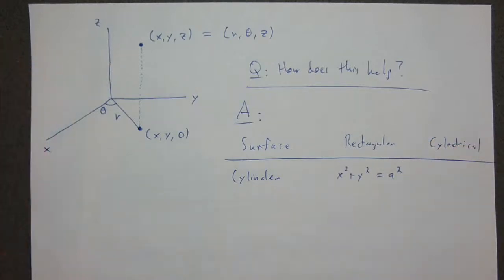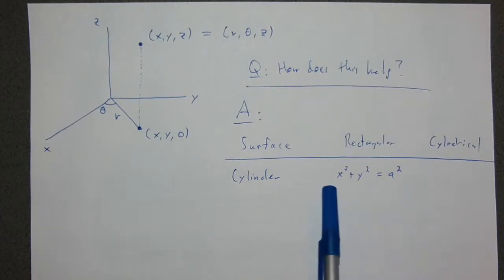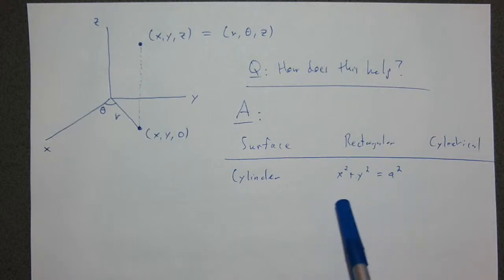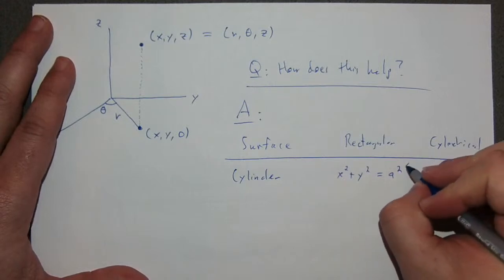Now, before I go any further, you're going to look at that and you say, wait, that's not the equation for a cylinder. That's the equation for a circle, right? But remember, this is an equation in space, right? So let's add a little asterisk here.